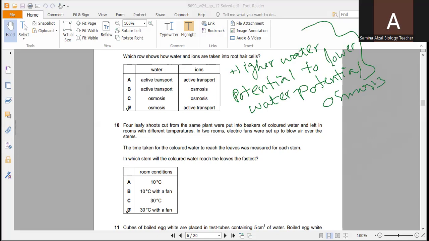So water will never move by active transport. So osmosis is the correct answer for water.